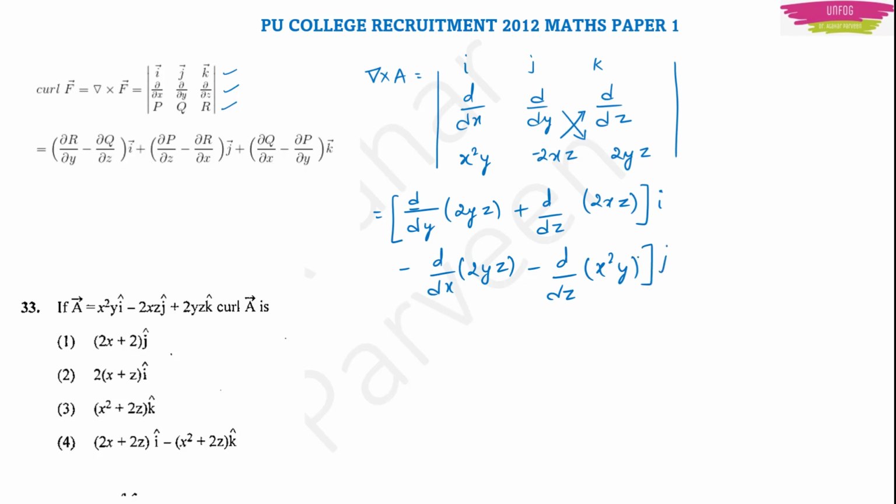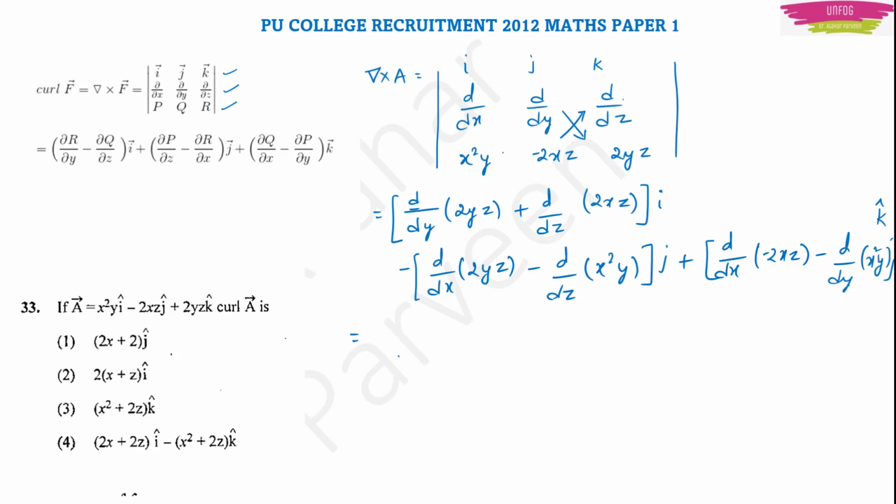This is j. Okay, same thing which you do like a determinant. For j again d by dx of 2yz, d by dz of x square y. Plus again for k, how you do it for k? d by dx of minus 2xz minus d by dy of x square y into k. You have k here. Okay.